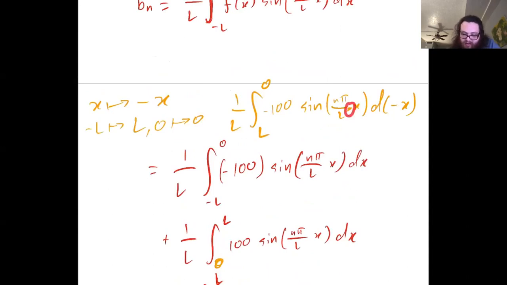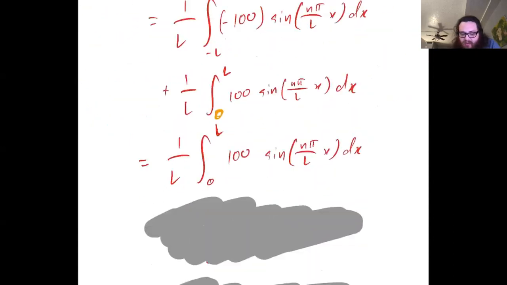Okay, this minus we can pull out. It's going to cancel with that. This minus we can pull out. It's going to be a minus. But then if we want to switch the bounds of integration to go from 0 up to L, we're going to pick up a minus sign out here. So in the end, all the minus signs cancel, and we're left with 100 sine of n pi over L x dx.